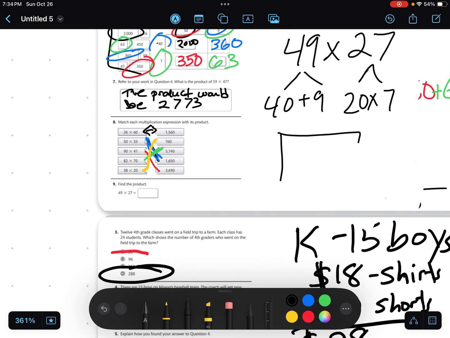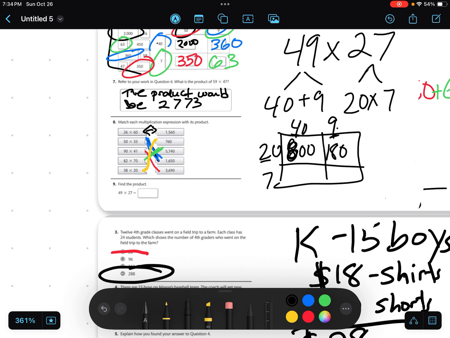So if you want to do a whole box thing of, you know, here's my 49, 40, and 9, 20, and 7, and then multiply 800, and then 2 times 9, which would be 18 and a 0, 7 times 4, 28, plus a 0, 7 times 9, 63, and then add them all up. You could do that.